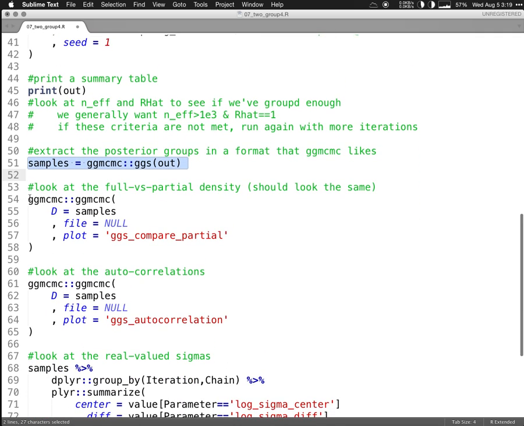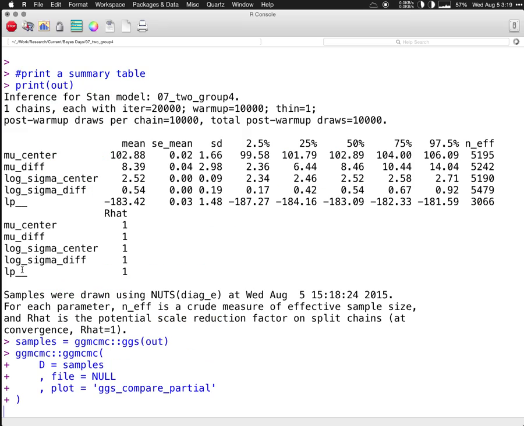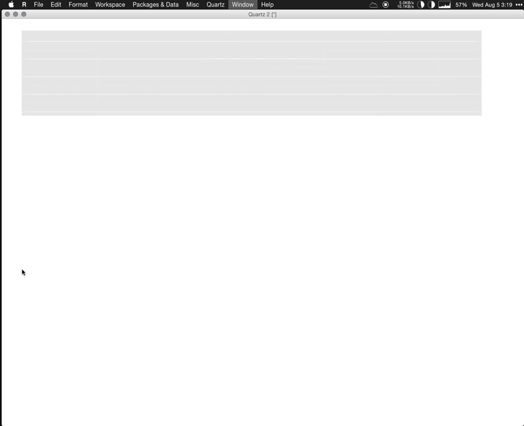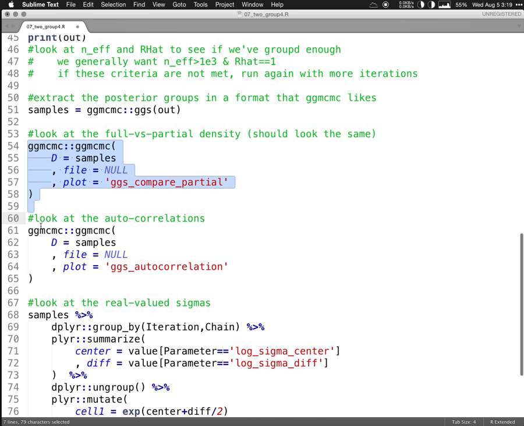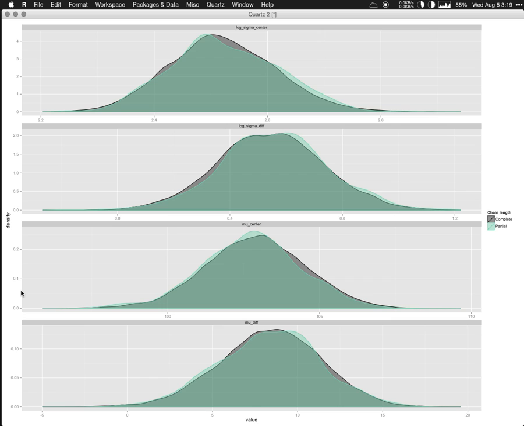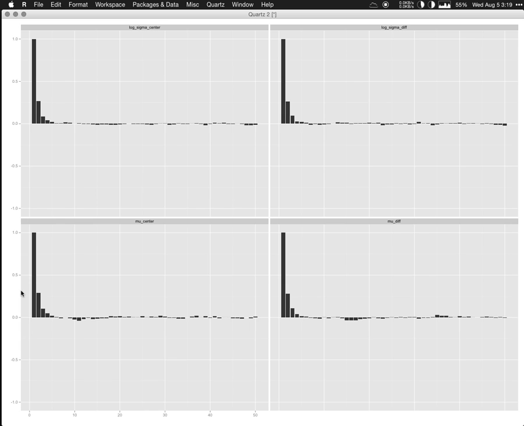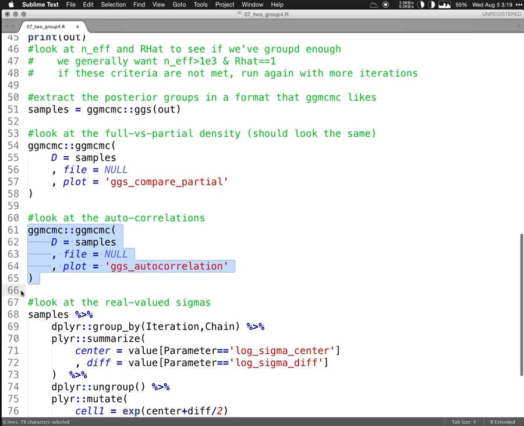We can look at the partial plots to see, do those shapes generally match up? They generally do. And just doing the autocorrelations, and those generally look okay.